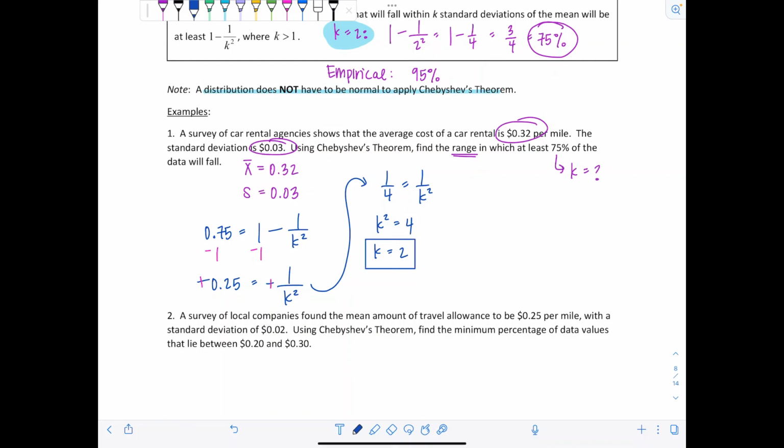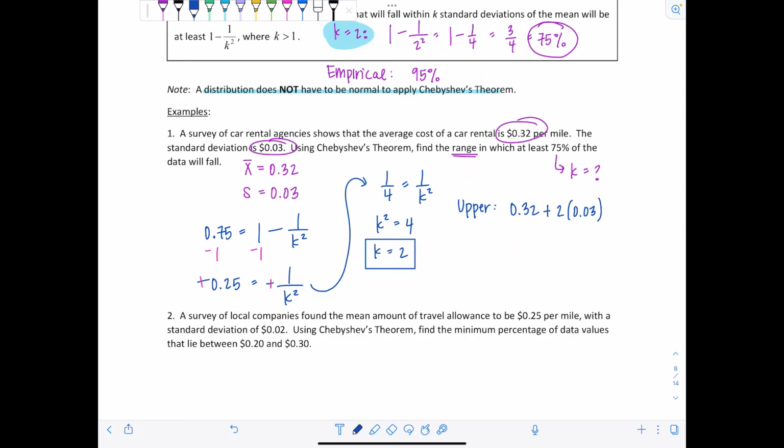All right, so now we want to figure out what the range is, or what value is 2 standard deviations above the mean and what value is 2 standard deviations below the mean. So on my range, the upper limit is going to be the mean, which was 0.32, plus 2 standard deviations, so 2 times 0.03, which is 0.06.